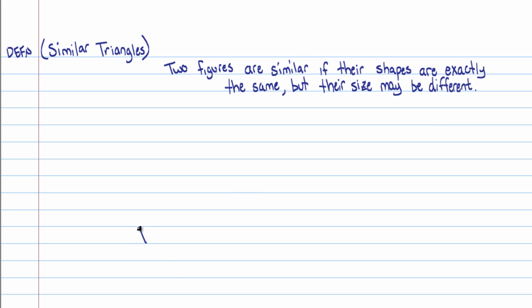This stick figure, if I can draw it exactly the same as this stick figure, let's see if I can do it. Okay. Those two figures are similar because they're the same exact shape, it's just one's twice the size of the other. Okay? And if you have similar objects, then you can say quite a bit about them.